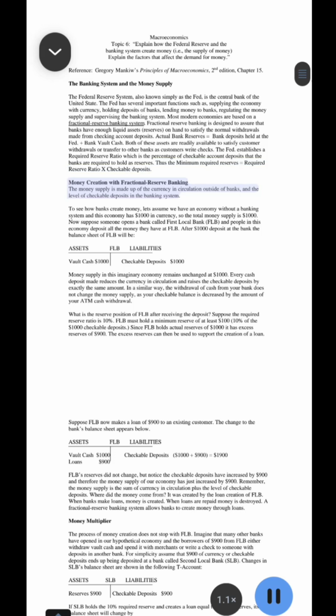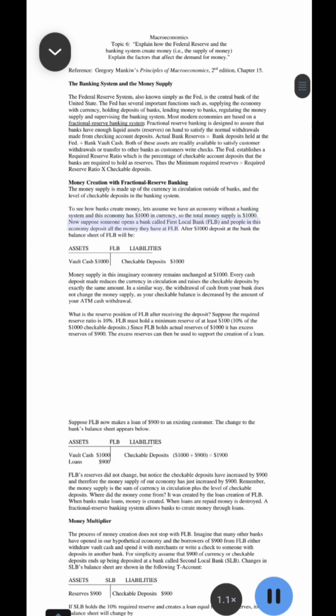The money supply is made up of the currency in circulation outside of banks, and the level of checkable deposits in the banking system. To see how banks create money, let's assume we have an economy without a banking system, and this economy has $1,000 in currency, so the total money supply is $1,000.